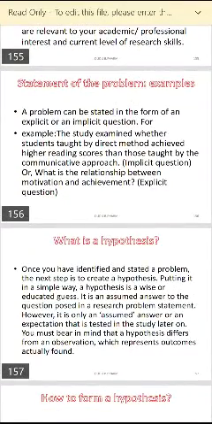Statement of the problem examples. A problem can be stated in the form of an explicit or an implicit question.